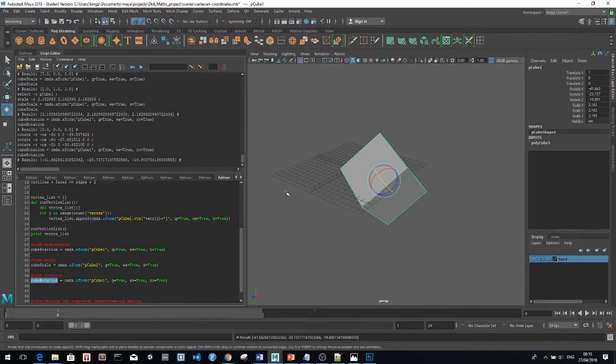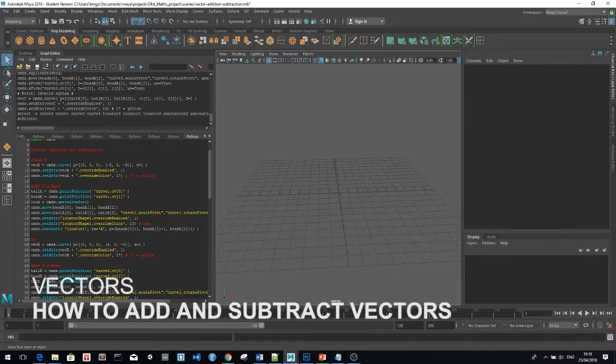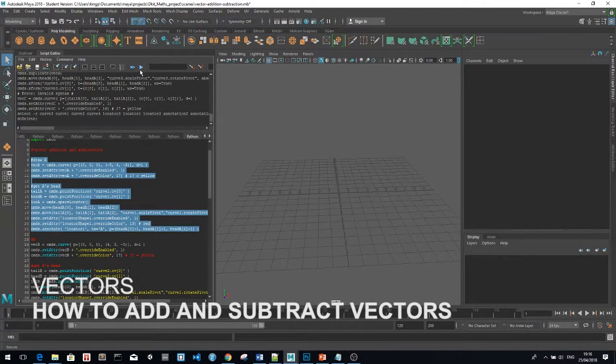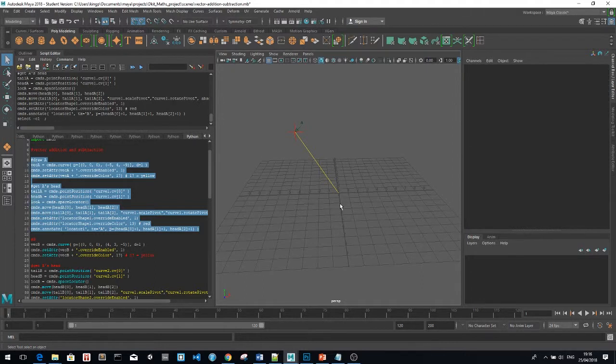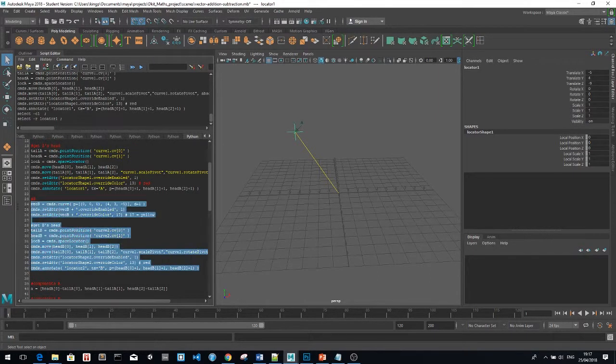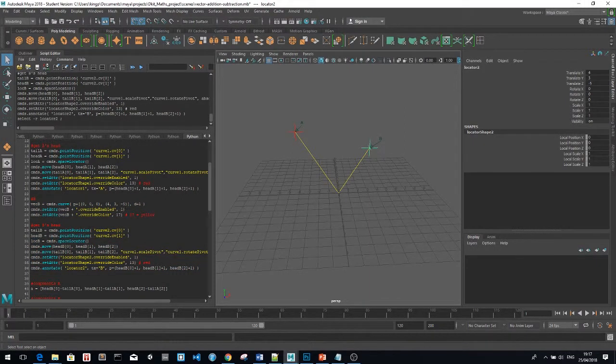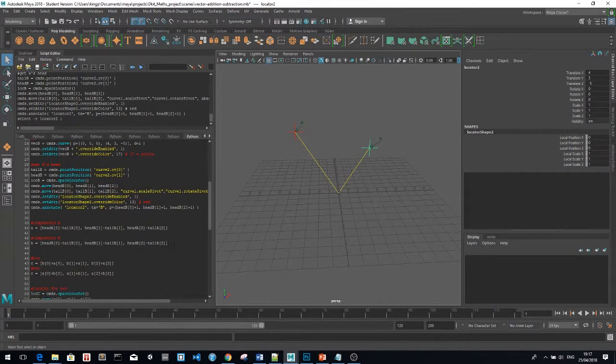So now if we take a look at vector addition and vector subtraction, we need two vectors here. Vector A with its tail position at 0, 0, 0 and its head position at -5, 4, -9. For vector B, its tail is also at the origin and its head is 4, 3, -5.